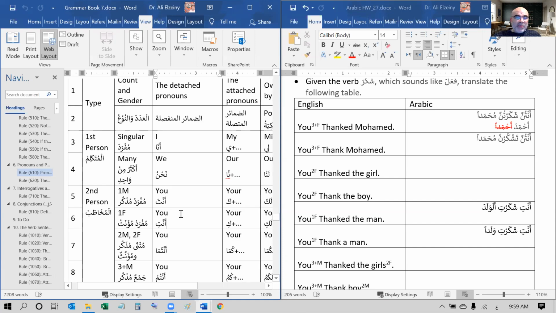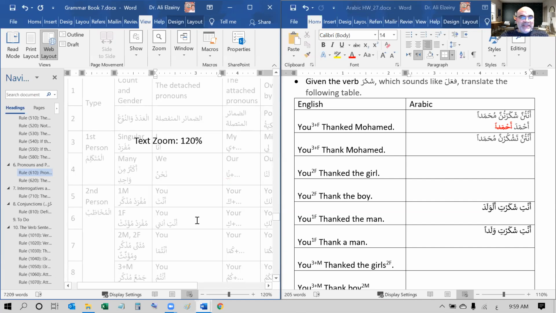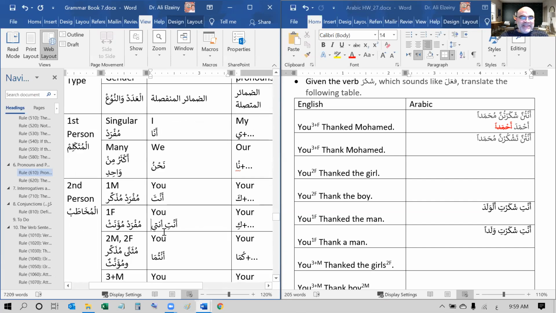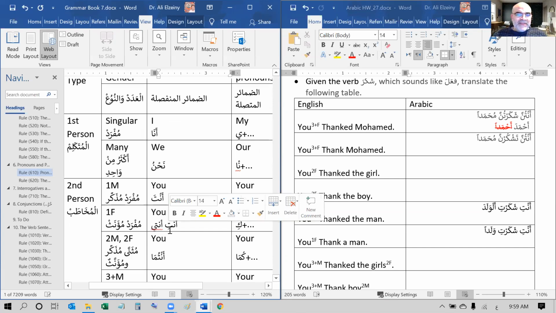However, some people write anti like this. And instead of anti with kasra, they write anti with ya. And the reason they do that is they feel too lazy to write the kasra.